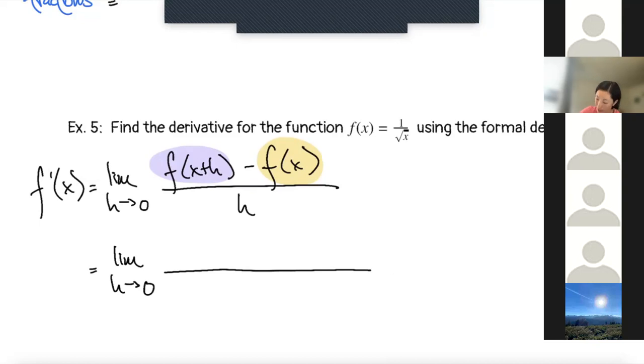Nice, nice. All right, so we're going to have 1 over the square root of x plus h minus 1 over the square root of x, all over h. This is our f of x. This is our f of x plus h.